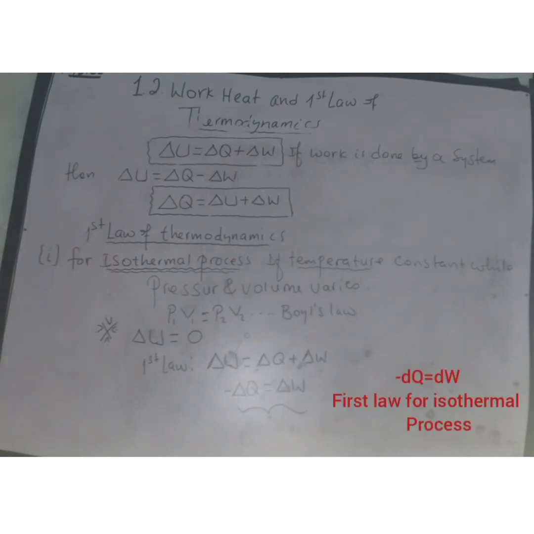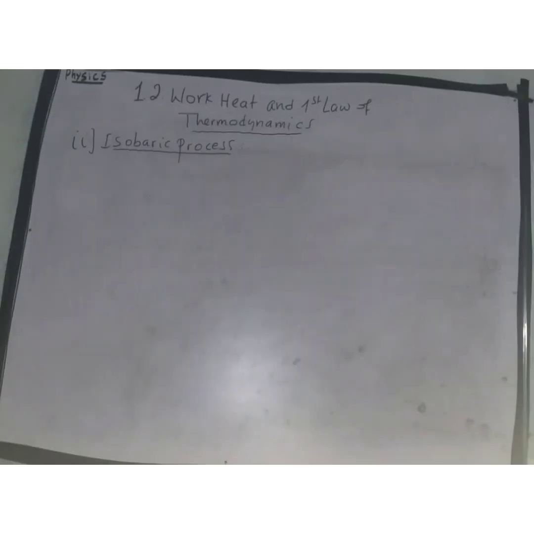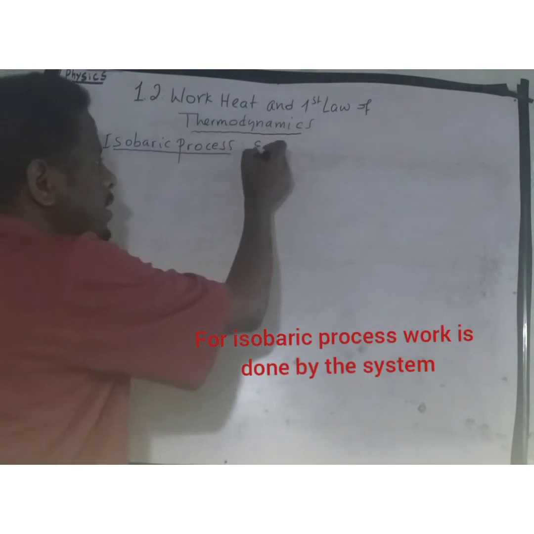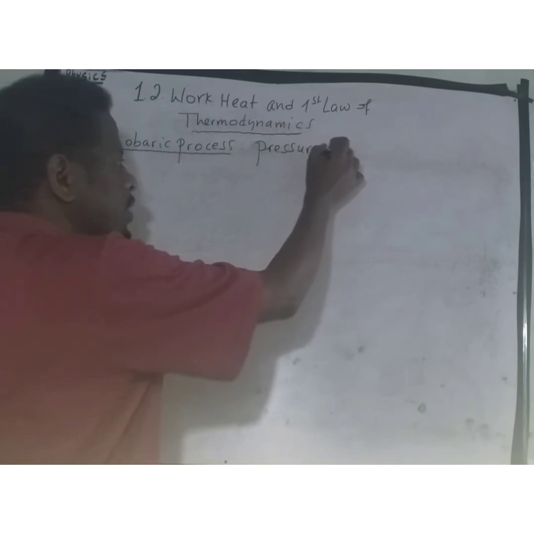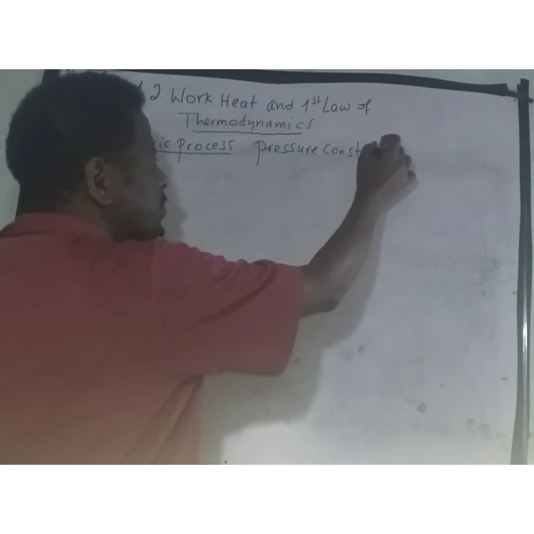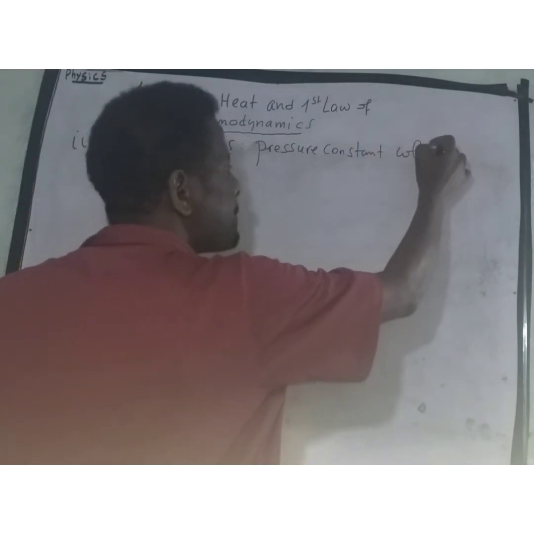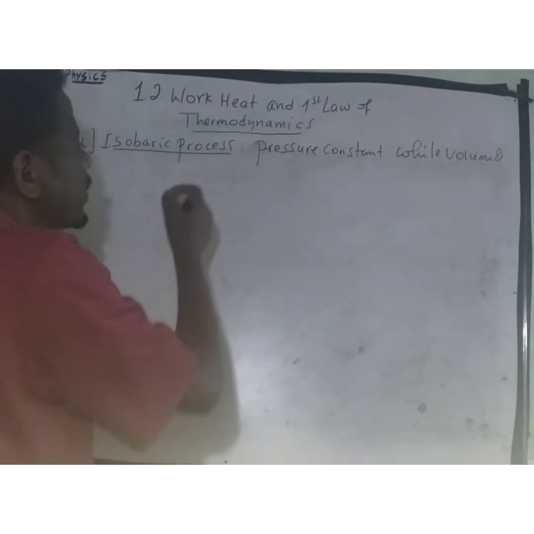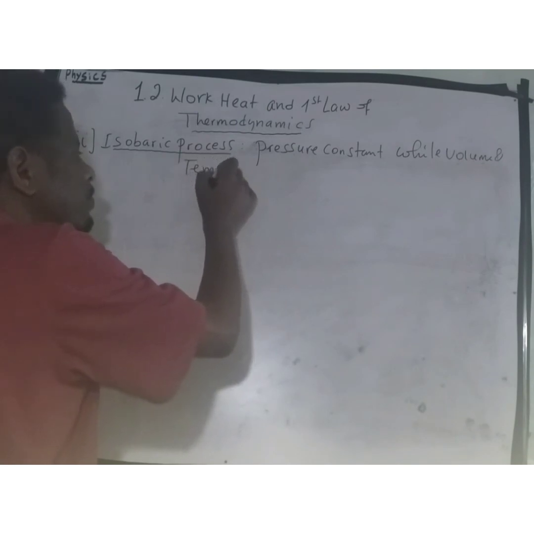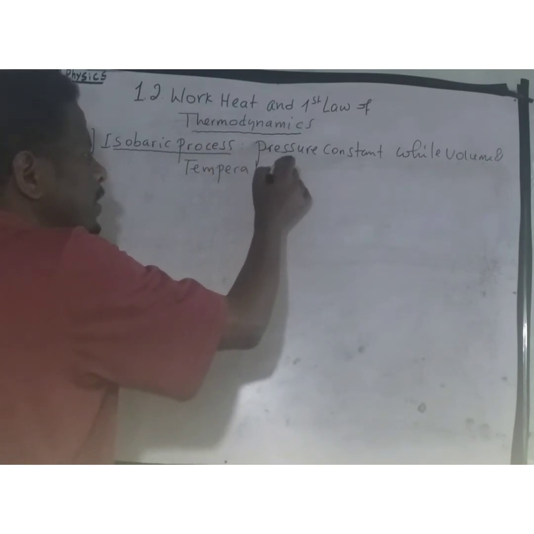Next, the second, the isobaric process. Iso means equal, baric means pressure. In this case, pressure is constant while volume and temperature vary.